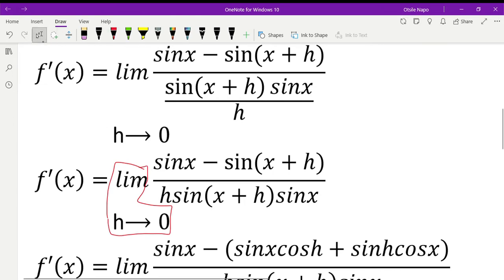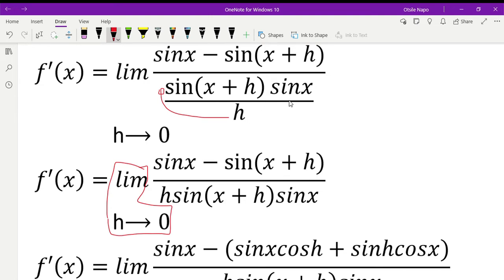On this step, you multiply your denominator with h. The reason we are multiplying with h is because this is h over 1.